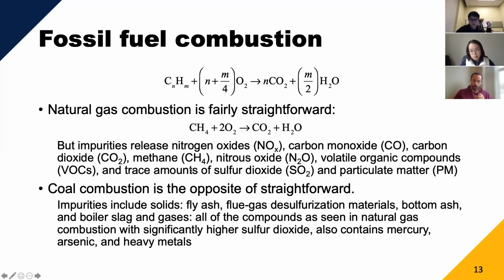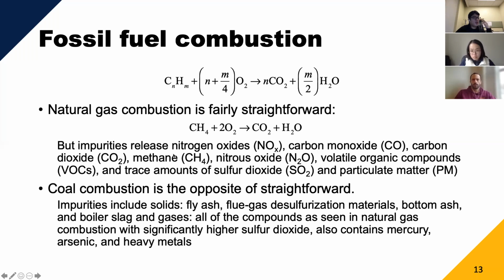And so on Tuesday, we had talked about compounds that were pollutants in the sense of greenhouse gases, leading to global warming. Those would be things like carbon dioxide and methane.